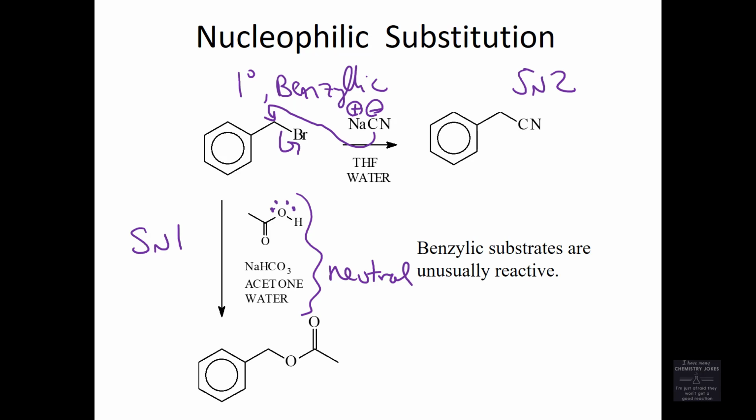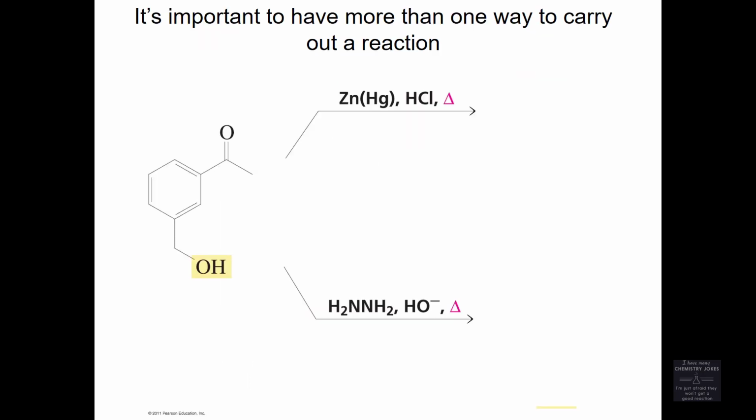So, we've said we can do some reactions multiple ways. Remember back yonder when we synthesized this compound? We did it a blue way using Friedel-Crafts acylation then reduction, and a purple way using a coupling reaction with a Gilman, a lithium dialkyl cuprate.